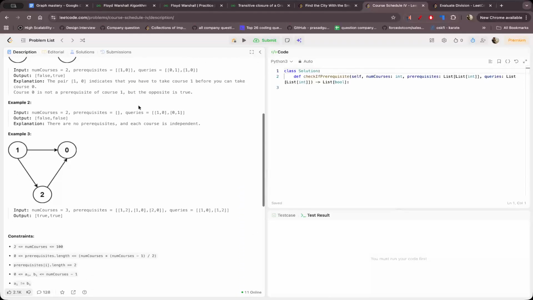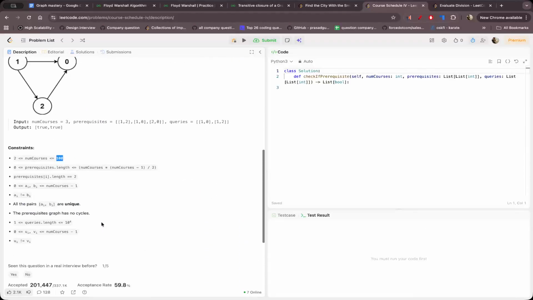So if my number of vertices is small, and here it's just 100, even if I do cube, it will be 10 to the power 6, which is still less than 10 to the power 8. That means it can finish within 1 second, right?